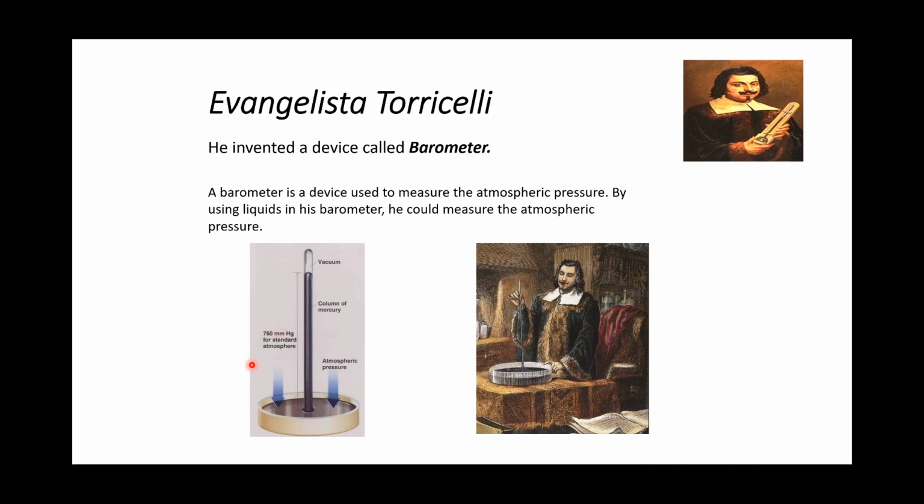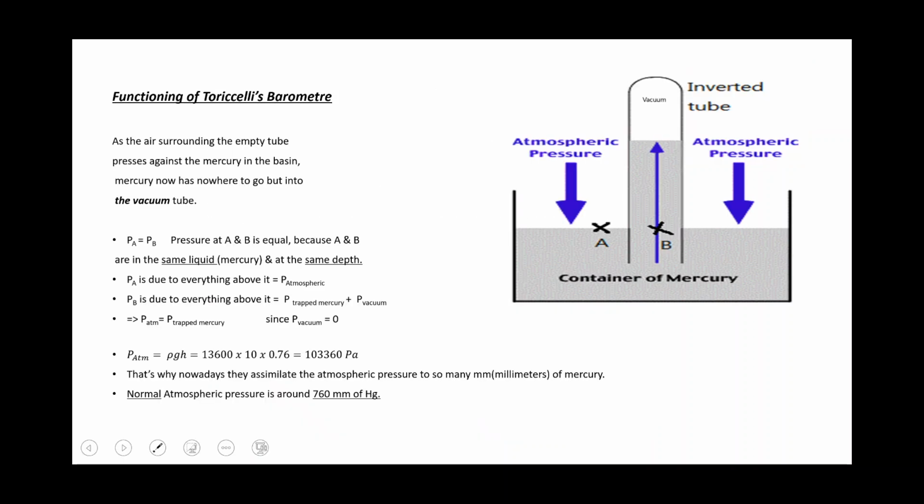At standard atmospheric pressure, the atmospheric pressure is around 760 millimeters of mercury, or 76 centimeters in this case. How did he calculate and figure that out?